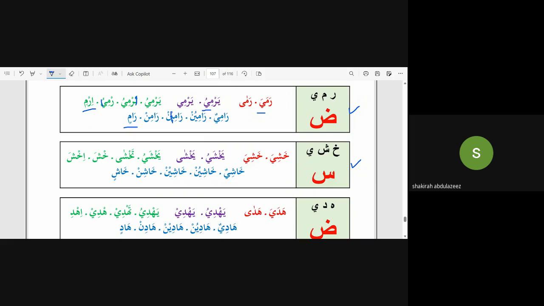So, Khashia, from the rules, because it still maintains Khashia, we didn't drop the weak letter there, as there are some verbs that when preceded by a kasra, we leave the weak letter.